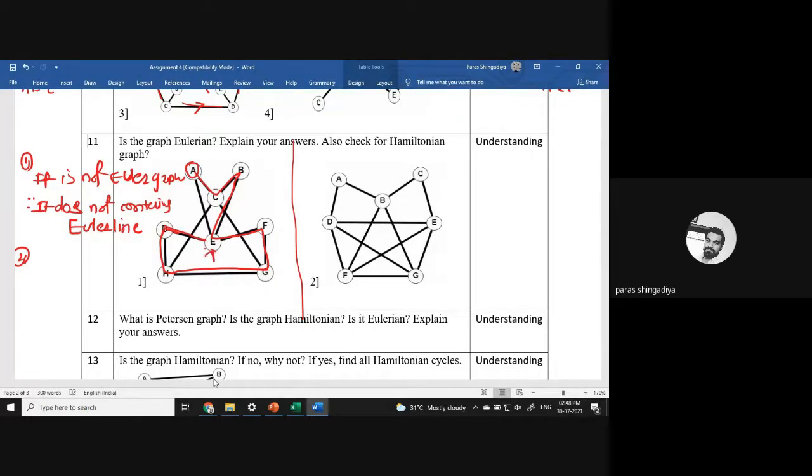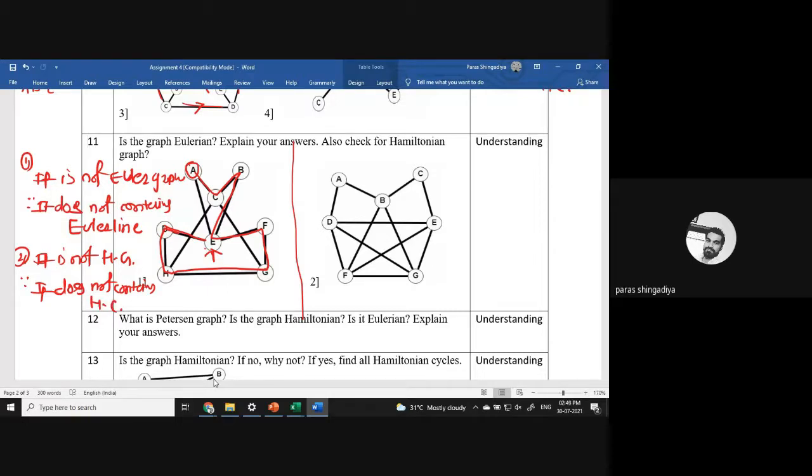So E is repeated, and that is not allowed in a Hamiltonian graph. Clear? कोई भी vertex repeat नहीं होना चाहिए to complete your walk. So it is not a Hamiltonian graph because it does not contain a Hamiltonian circuit. Okay, that is your conclusion for the first graph.